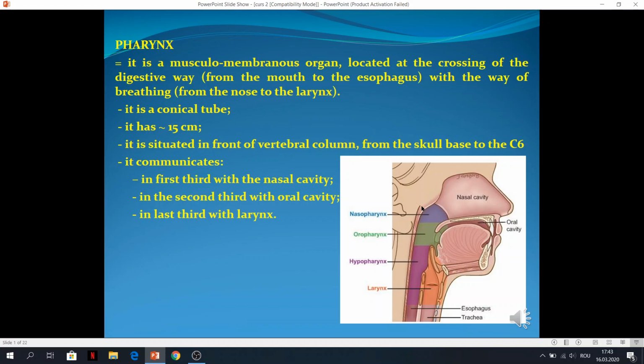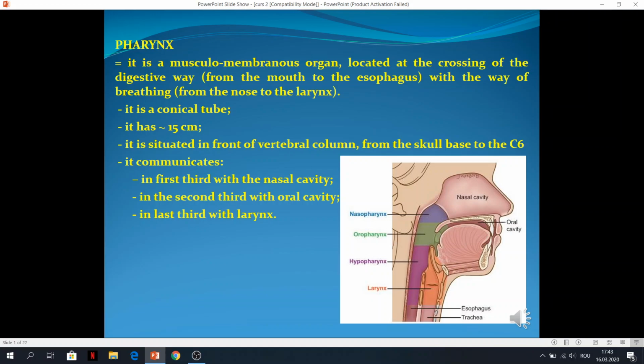This will be the cephalic part, and it has a part inside the neck. This will be the cervical part. It has a conical shape with the flat part superior. The finer part is inferior. So, naso-, oro-, and laryngopharynx.